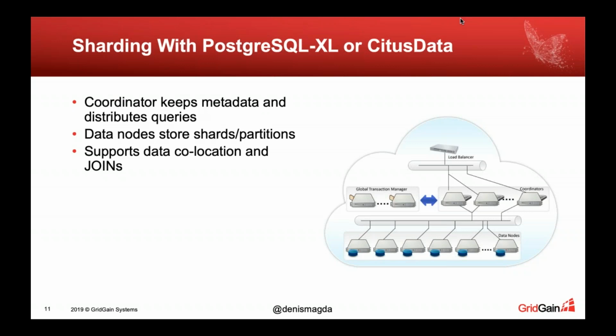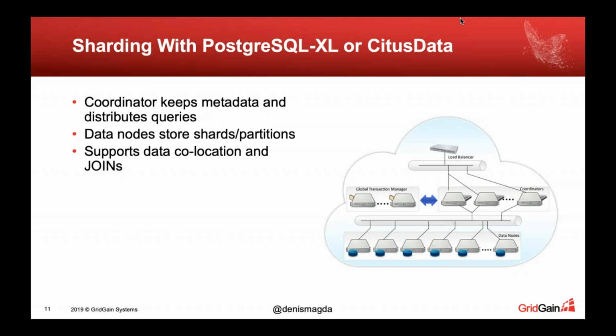The most known ones are PostgreSQL-XL, Citus Data, and I also know that Microsoft Azure supports a distributed and sharded Postgres, and that solution is based on Citus Data, and that company, if not mistaken, was acquired by Microsoft some time ago.